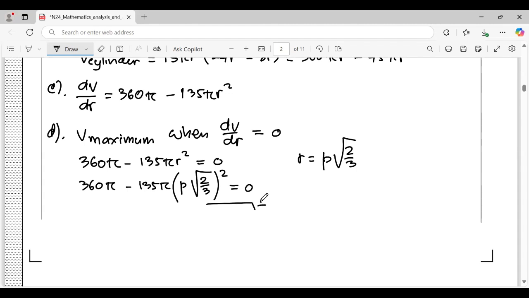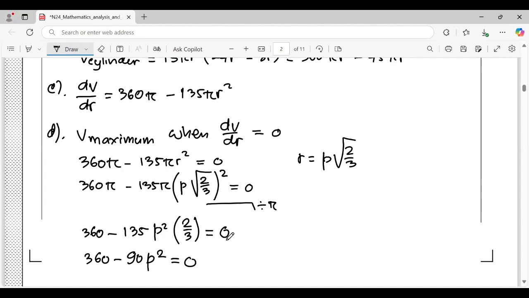Next, divide by pi. 360 minus 135 p squared times 2/3 equals 0. So 135 times 2 divided by 3, 270 divided by 3, equals 90. 360 minus 90 p squared equals 0.